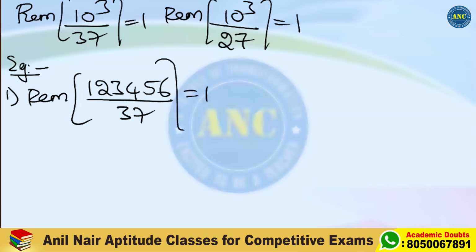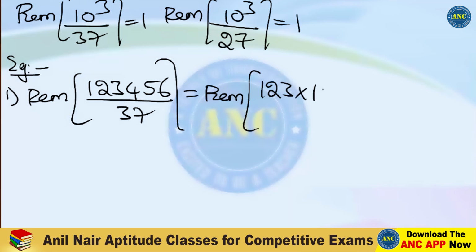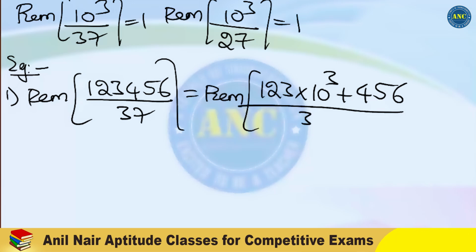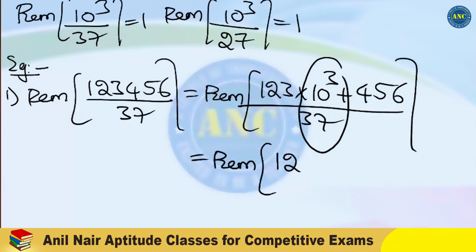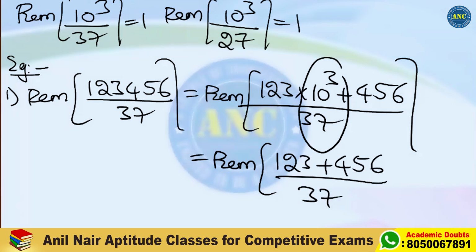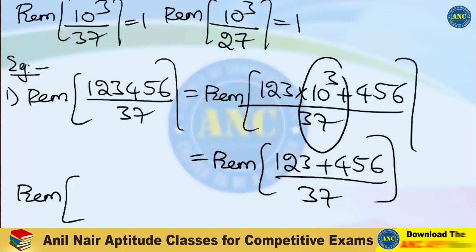The divisibility rule for 37 is, start from right hand side, take a group of 3 digits and add them. 10 cube divided by 37 is 1. So this is nothing but 123 plus 456 divided by 37. So the remainder of 123 plus 456, which is 579.